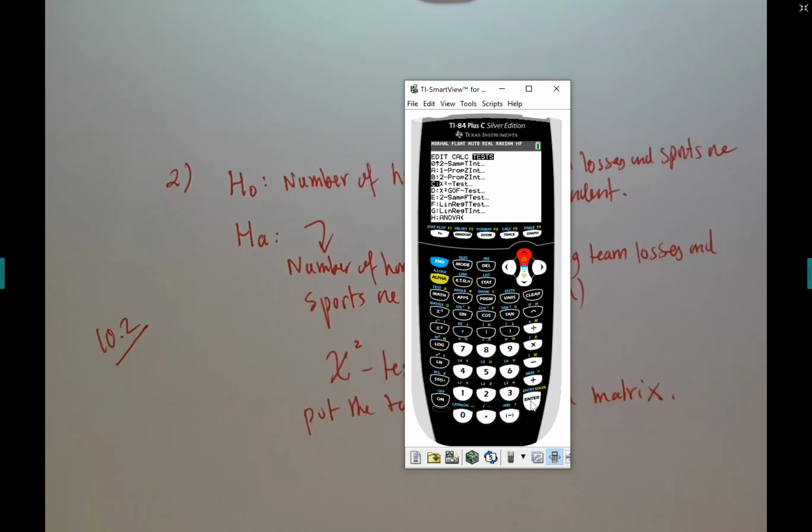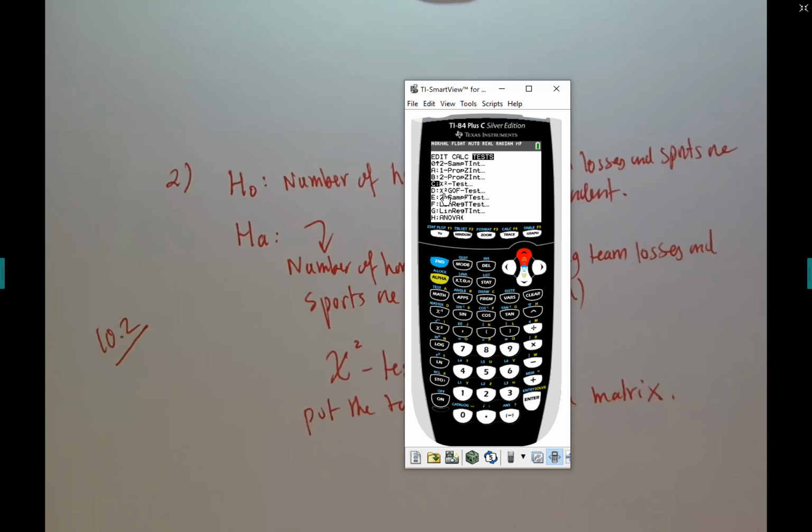And letter C, guys, is for section 10.2. So chi-square test is section 10.2. Chi-square goodness of fit test is section 10.1. And ANOVA is section 10.4. What you will get from me, guys, for the final exam, is a list of all those features and where to use each one. It's going to be like a 2-page list of shortcuts using the calculator. So that should help you a lot.